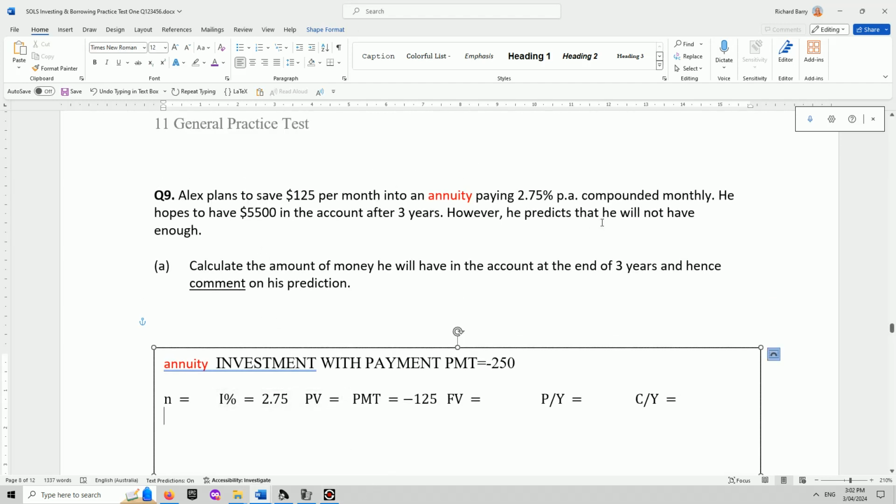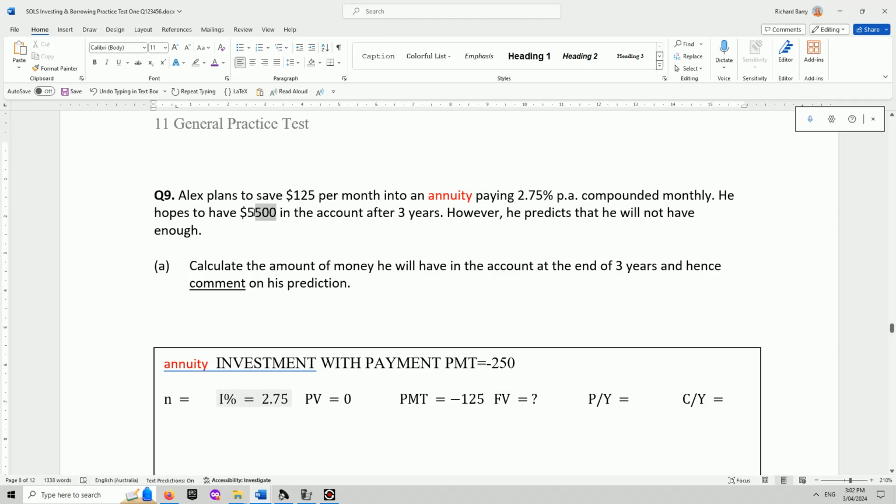PV doesn't say anything, so let's assume that the account is empty, 0. Future value, I think that's what we're looking for. He hopes to have 5,000. I think that's what the future value was going to be.